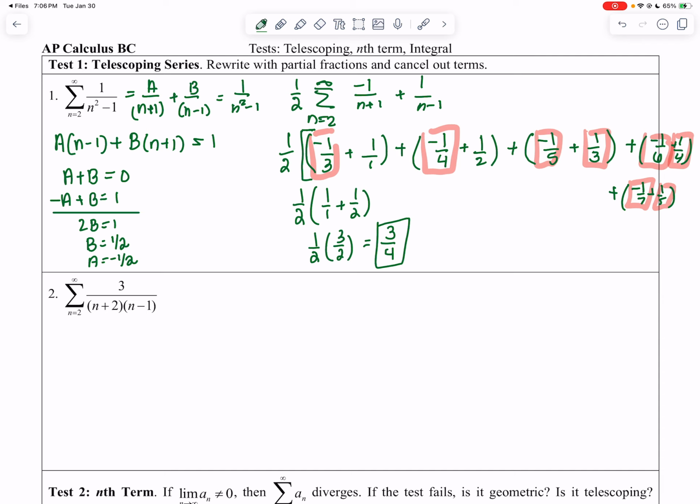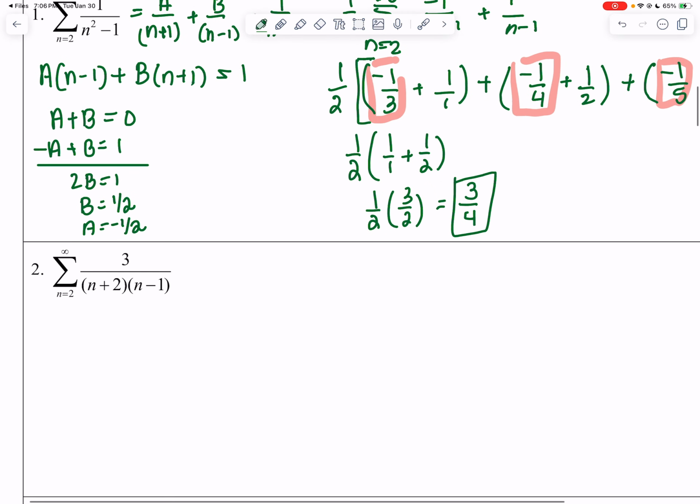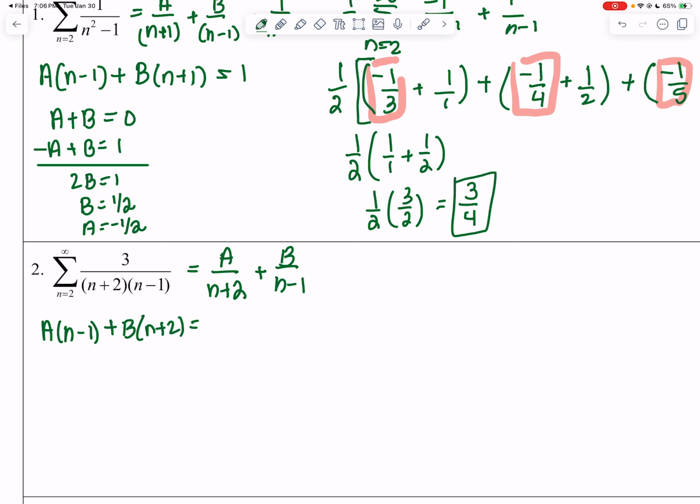All right, I'm going to do the same thing for number 2. So there's that. I'm going to set up my system. So now I have a plus b is equal to 0. Negative a plus 2b is equal to 3.